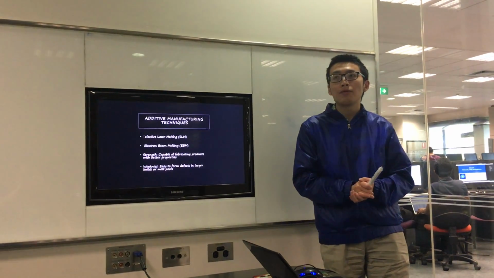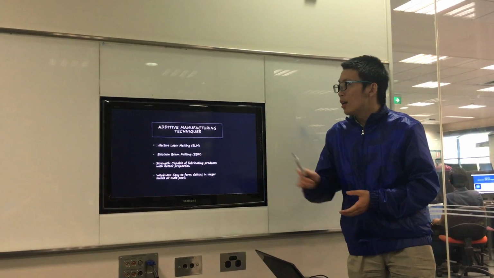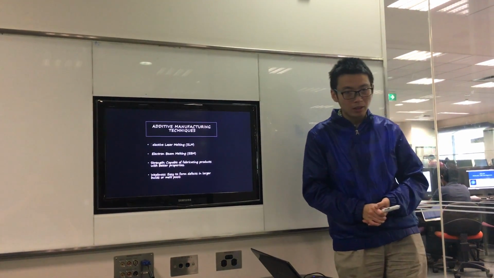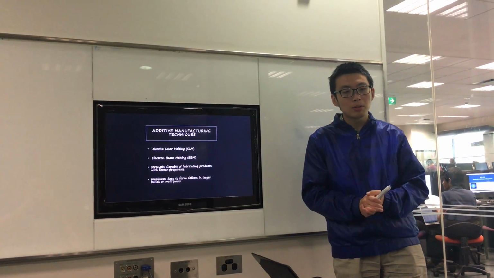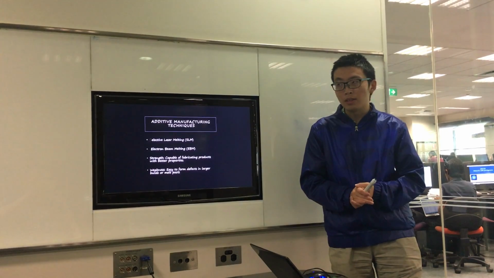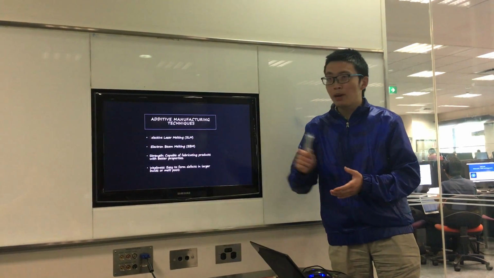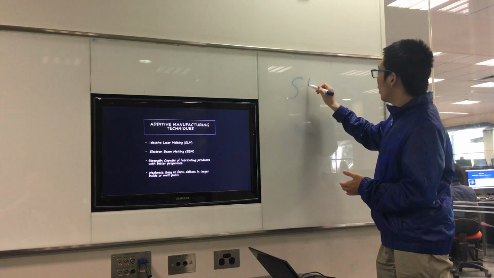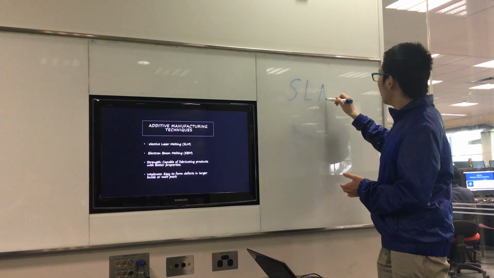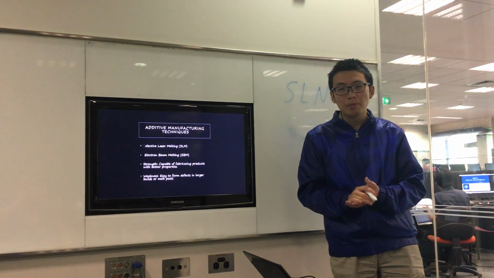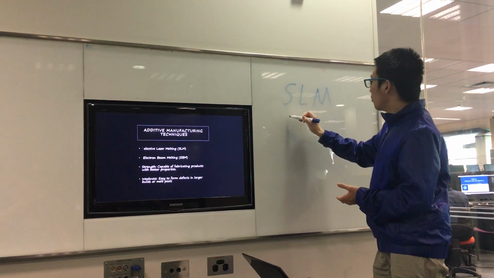Let's move on to the first method, additive manufacturing techniques. It includes 2 methods. The first one is selective laser melting, SLM. The second one is electron beam melting, EBM.